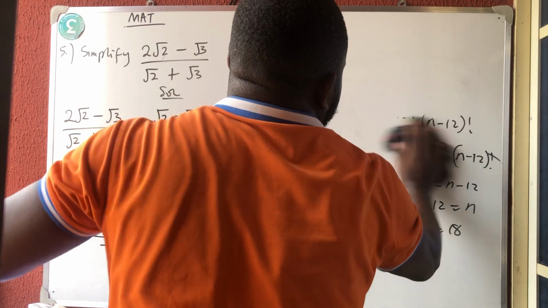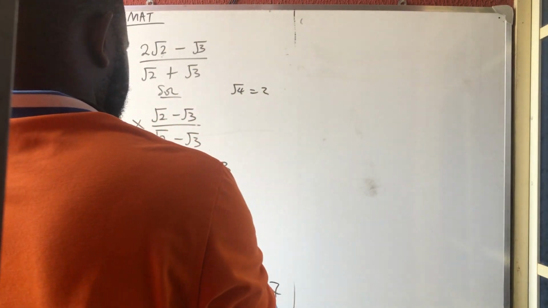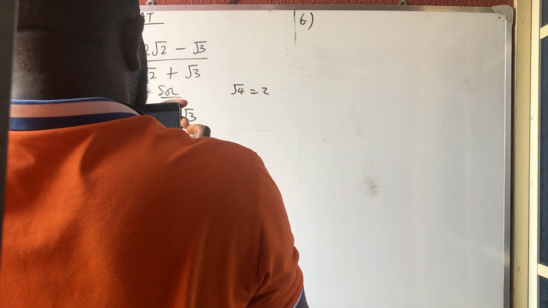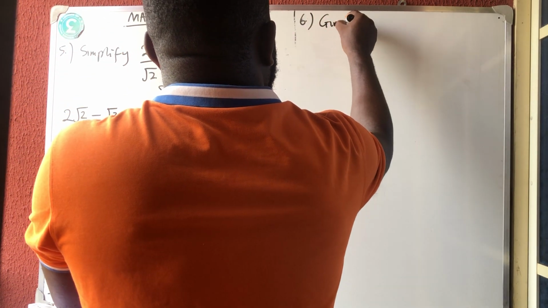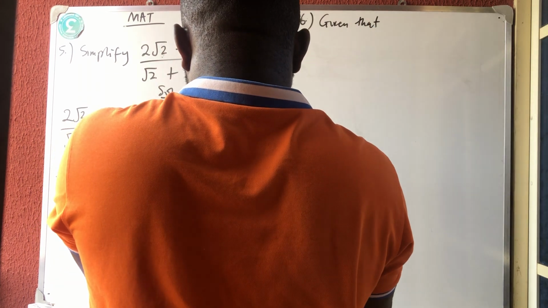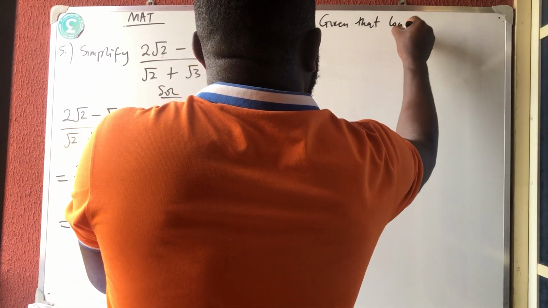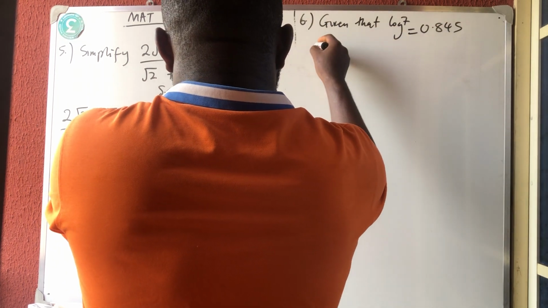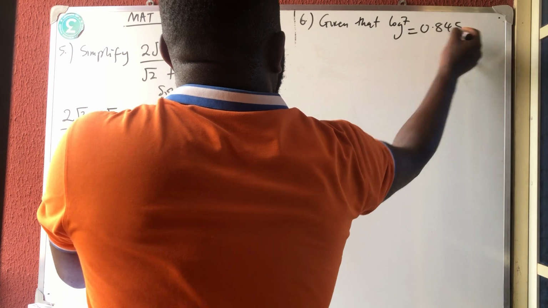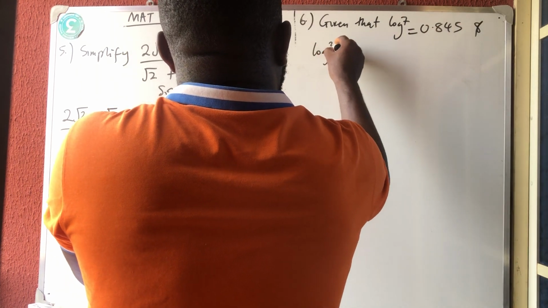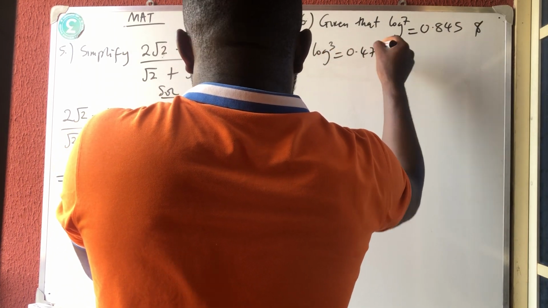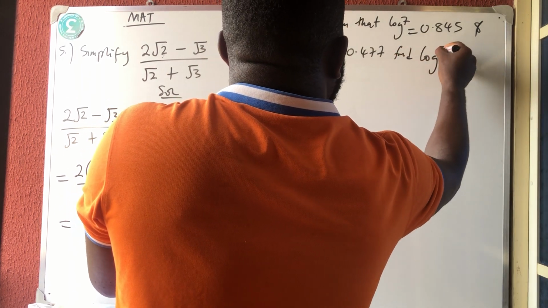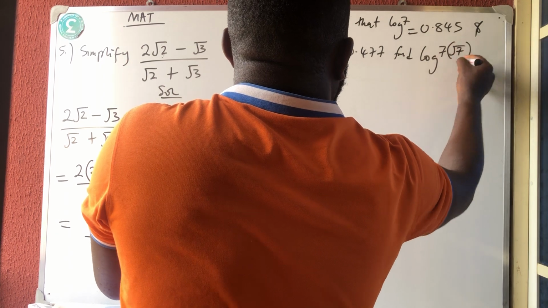Now, number 6 said, given that log 7 is equal to 0.845 and log 3 is equal to 0.477, then find log of root 7 base 3.